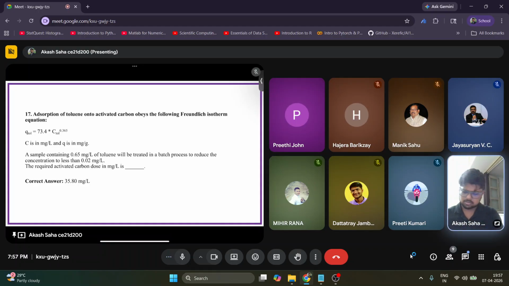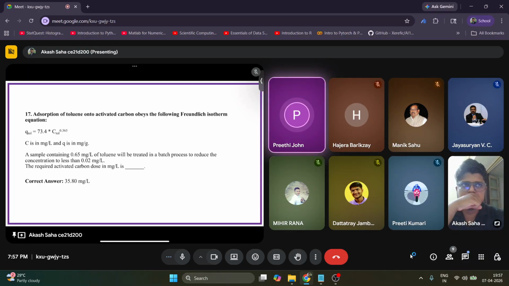I think if I have a question like this, it can be asked actually because we have several equations, so the equilibrium concentration can also be asked. You have to just back calculate it. But will we be able to?